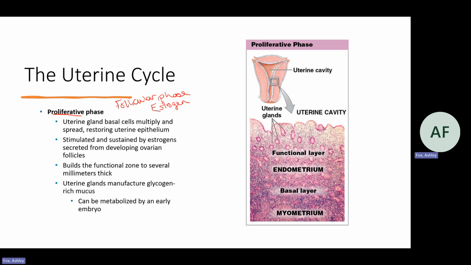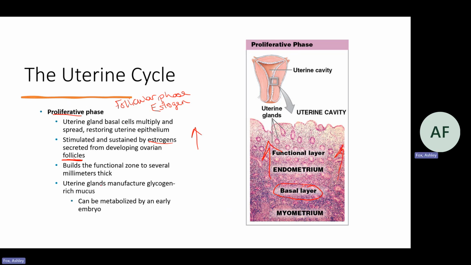The basal layer of the endometrium is going to start dividing, and it's going to start replacing the functional layer of the endometrium. As the ovarian follicles develop, the estrogen levels are increasing, and that's what's stimulating the basal layer to regenerate the functional layer.